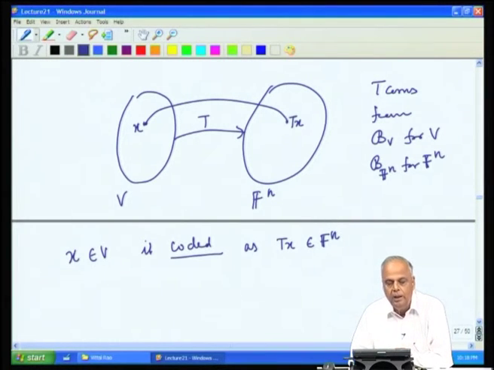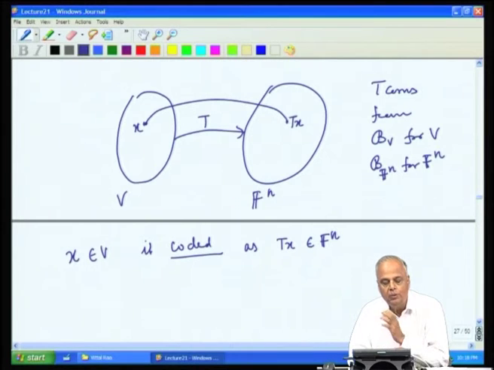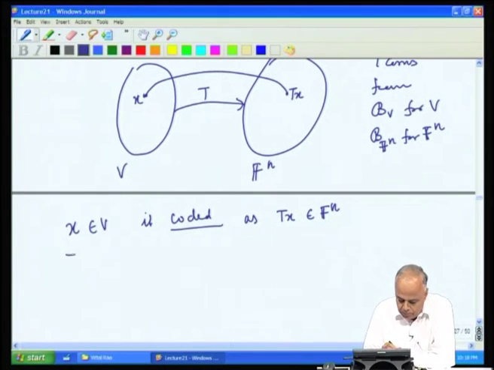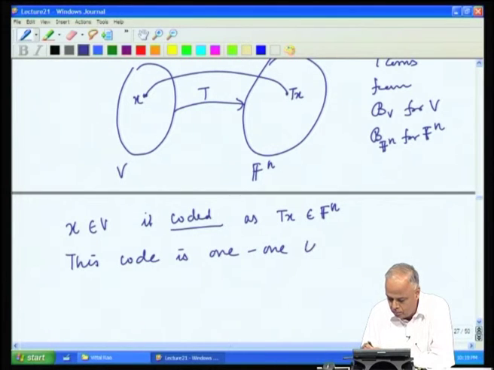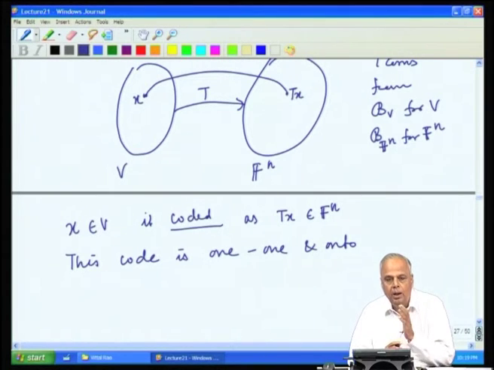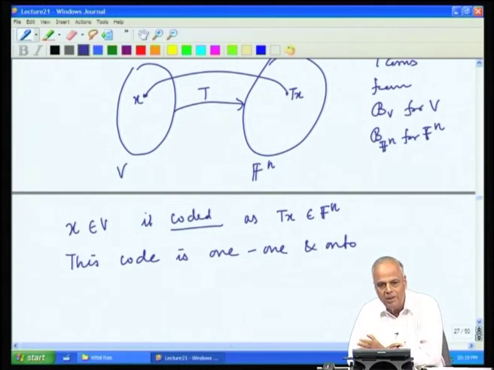And since T is 1-1, this coding is without any confusion. Distinct vectors get coded as distinct codes, and it is onto, which means all the codes are exhausted, that is, every vector in F^n is an encryption of a vector in V. So, this code is 1-1 and onto, and therefore there is a translation of the language of V to the language of F^n.